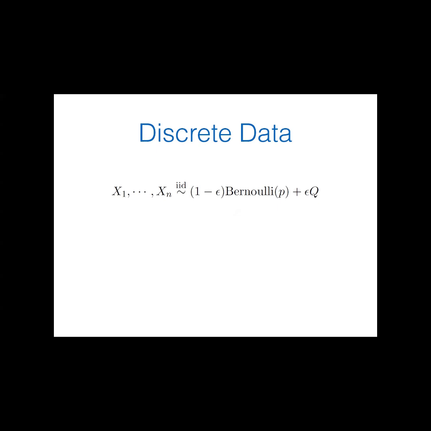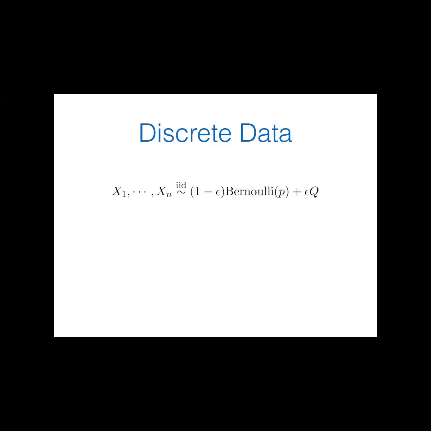First of all, you can easily convince yourself that the worst case contamination distribution Q should also be Bernoulli. Suppose for some reason Q generates, say, 2. Obviously it's an outlier, you just throw it away. So without loss of generality, I can always assume Q only generates 0, 1, so that means it must be a Bernoulli distribution.